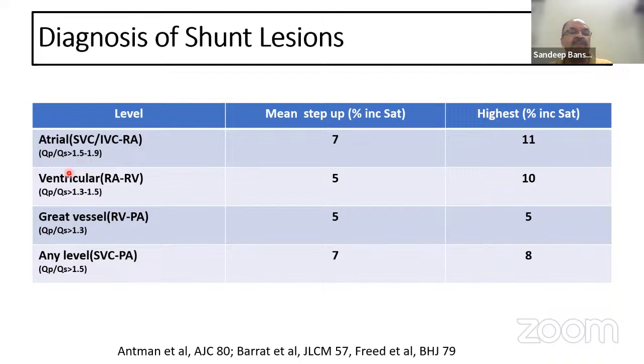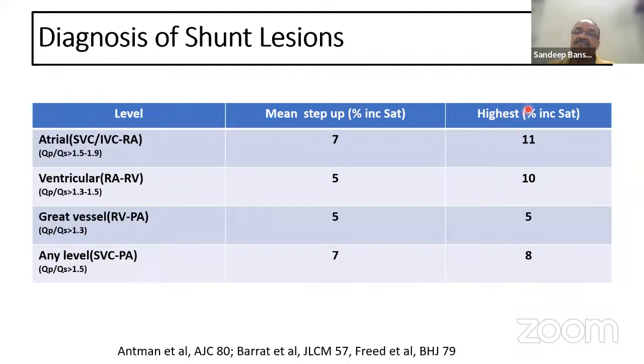And mostly any shunt which is more than 1.5 is deemed as significant. A step up of at least 7% at the atrial level, or 5% at the post-tricuspid level, or 7% at any level overall is suggestive of a shunt, and this is the average increase, mind.